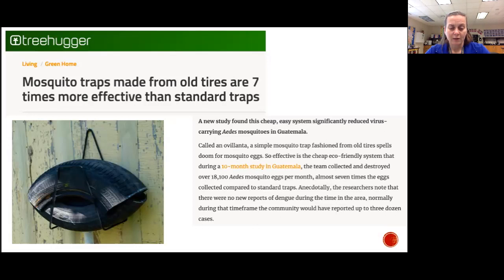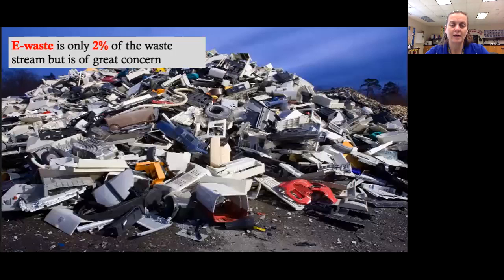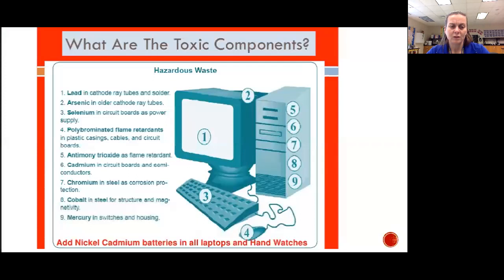So that's our standard municipal solid waste. Then there's this category, e-waste. E-waste is only 2% of the entire municipal solid waste stream, but it is a huge concern. And why is it such a huge concern?